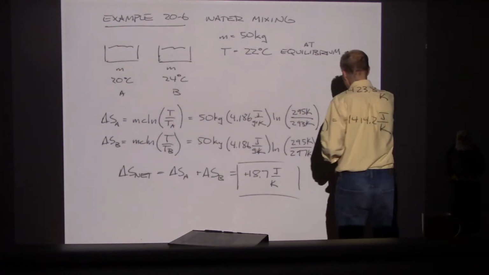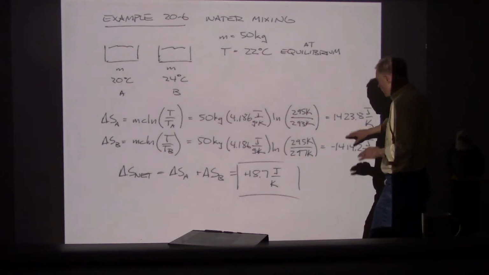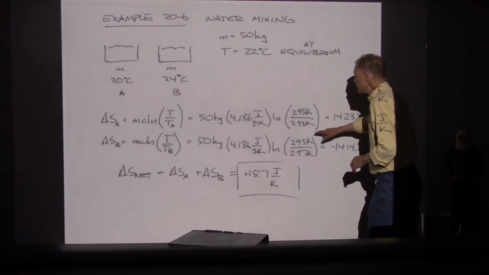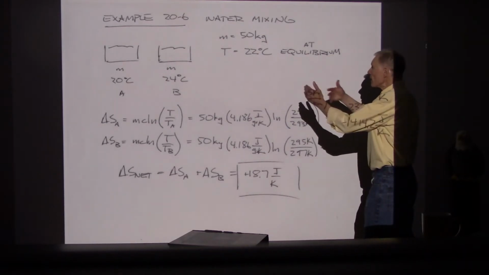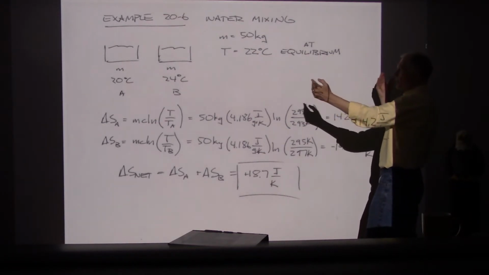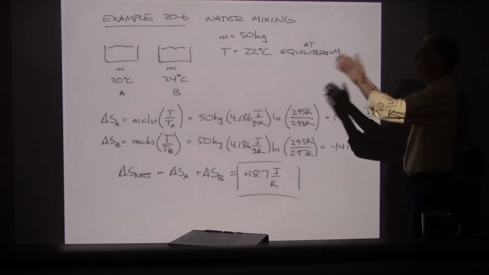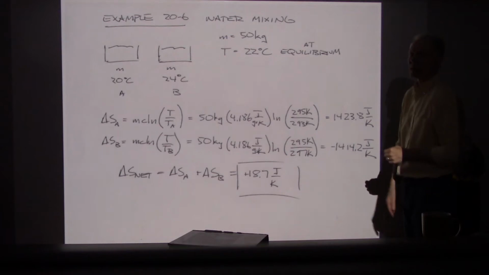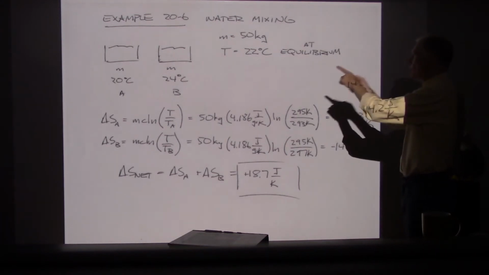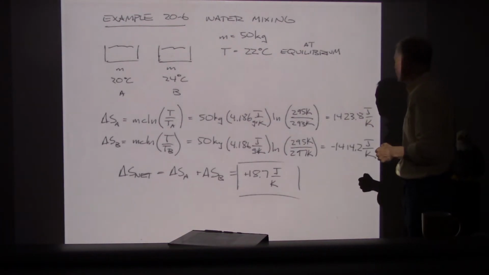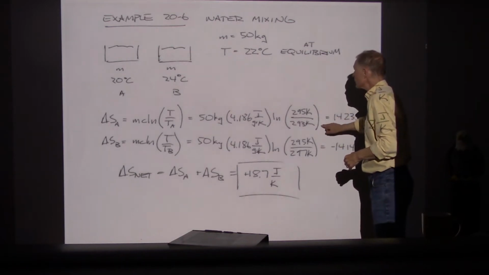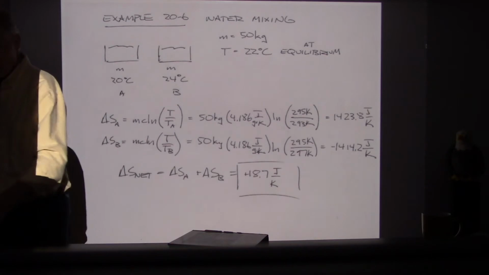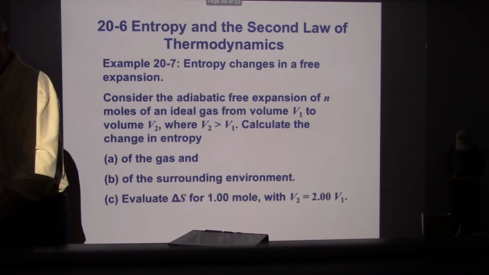The heat amount's the same. There's a certain amount of heat that transferred, and whatever heat left side B ended up inside A. So the heat leaving and the heat going in match, but the temperatures at which they transferred are different. And that's showing up in the calculations.